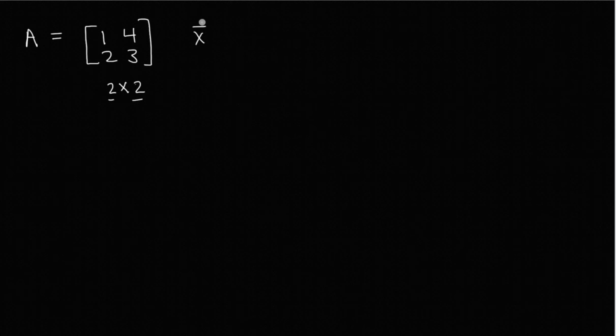And let's say our vector x is going to be a column vector, 1, 1. So we know it's going to have one column and two rows. So it's called a 2 by 1.